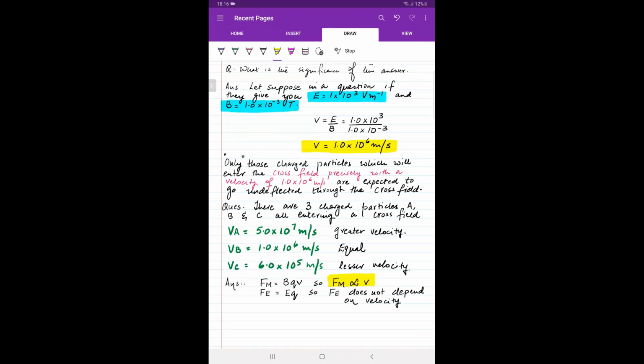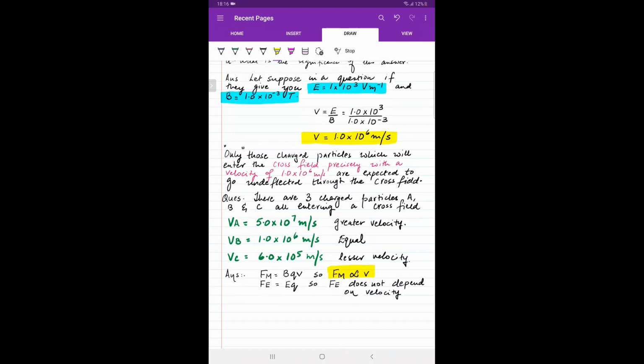The electrical force formula does not depend on the velocity. So iski basis par I guess we can come up with the following conclusion.